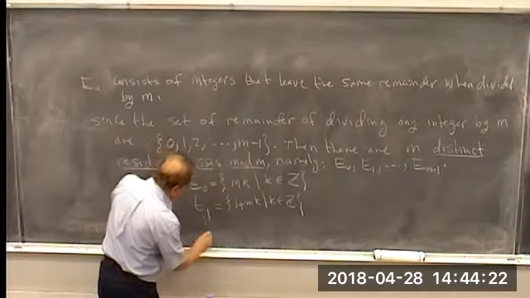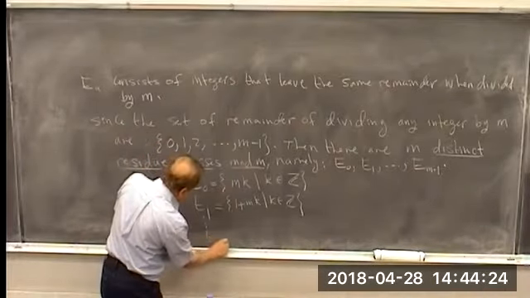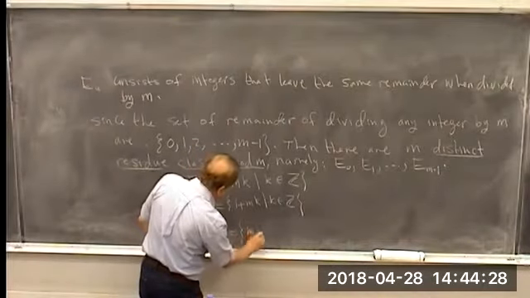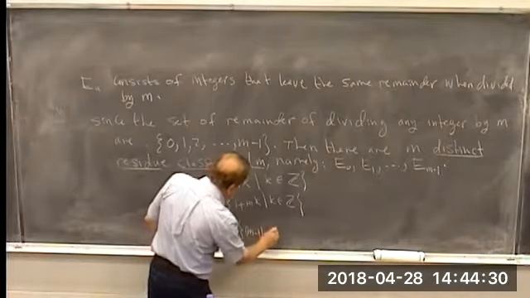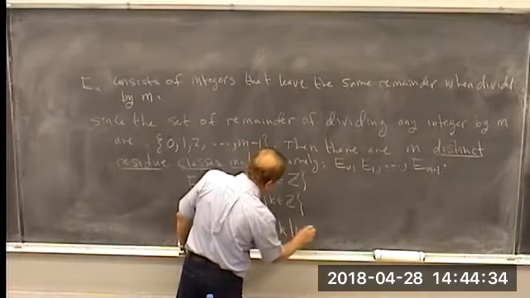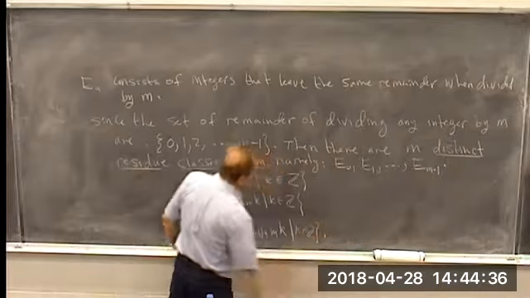The last one, E sub m minus 1, is m minus 1 plus mk, where k of course ranges over all the integers.